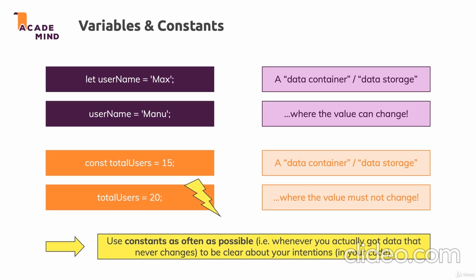You can't change them, but that's exactly why you want to use them as often as possible. It makes your intention very clear. If you have a value which actually never changes throughout the life cycle of your program or of the part of your code where you use it, well, then you want to make that clear so that if any other developer ever reads your code, they quickly understand that this piece of data is never going to change. It simply makes your code easier to understand for others.